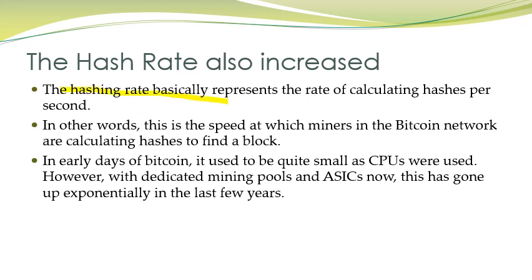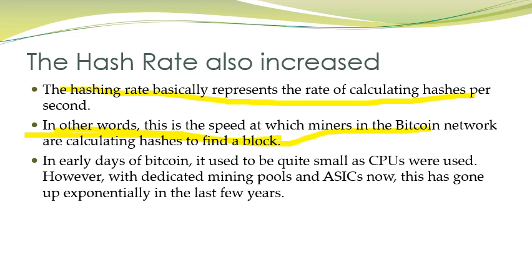So to avoid this, the difficulty level of calculating this hash value is increased. In other words, this is the speed at which the miners in the Bitcoin network are calculating the hashes to find a block.